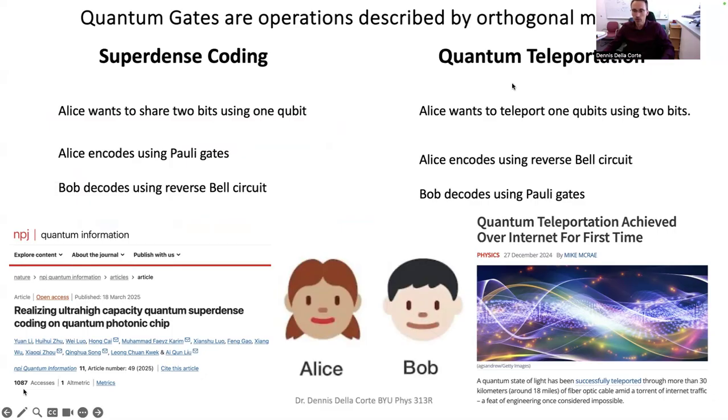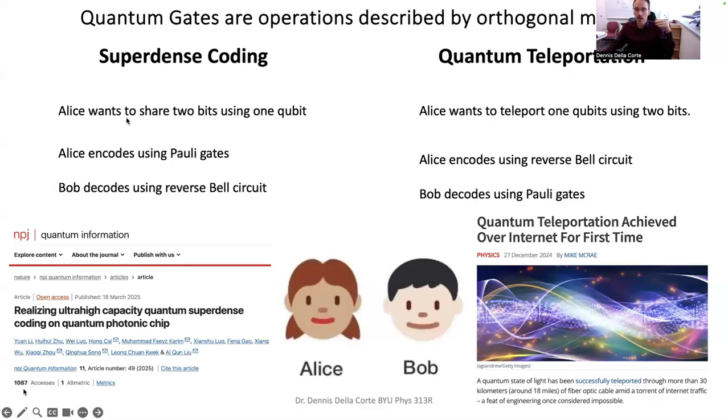Okay, great. Having this basic understanding, we were able to look into some of these hyped words like superdense coding and quantum teleportation. We saw that if Alice and Bob share entangled qubits, they can use those to, on the one side, communicate more efficiently. They are able to share 2 bits of information using just 1 qubit. That is the idea of superdense coding.